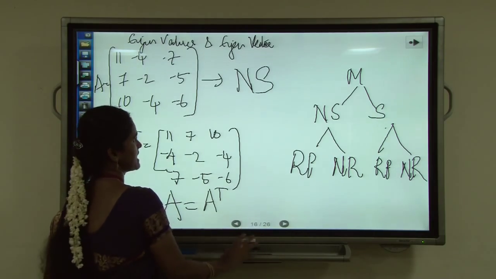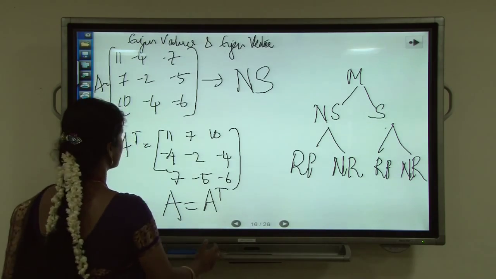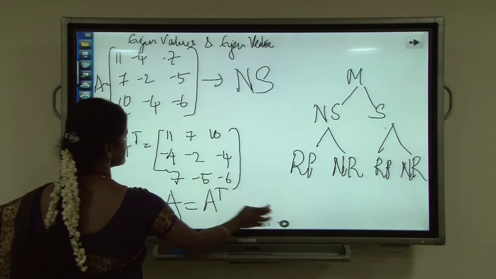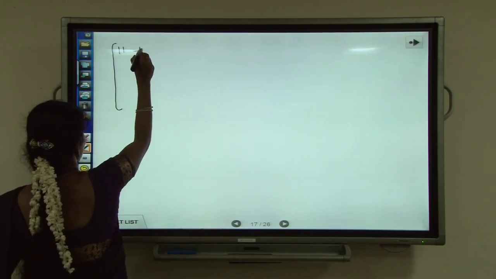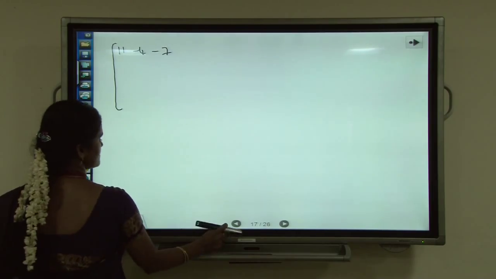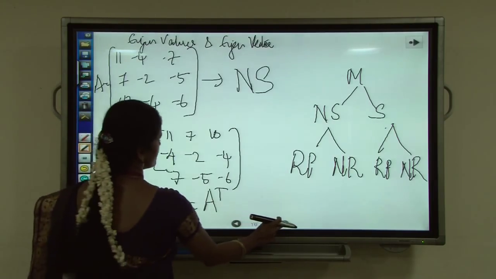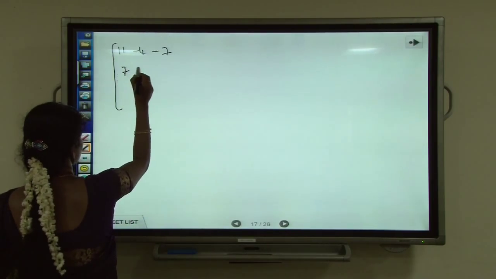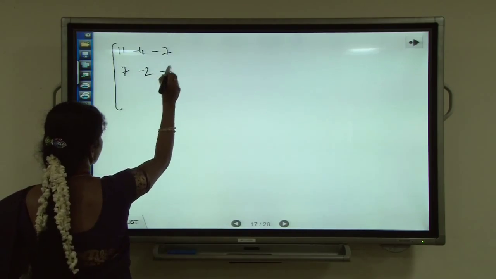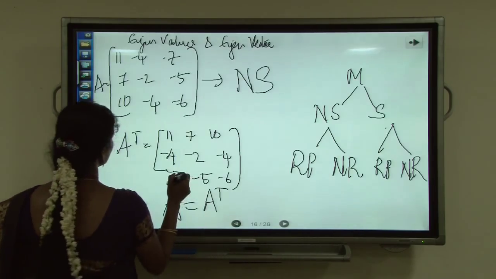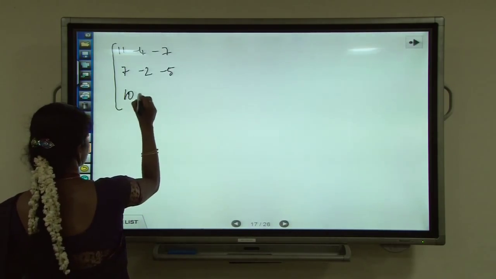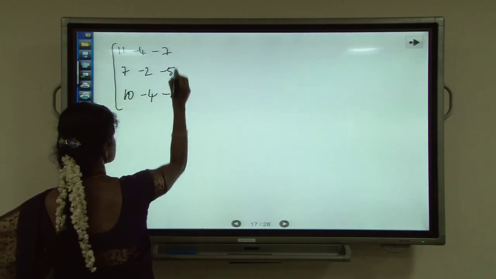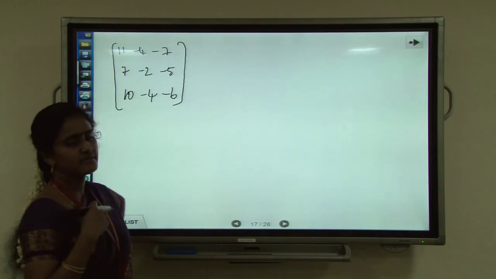Now let us take the same question to find the eigenvalues and eigenvectors. The first row is 11, minus 4, minus 7. The second row is 7, minus 2, minus 5, and the third is 10, minus 4, minus 6. How to find the eigenvalues?